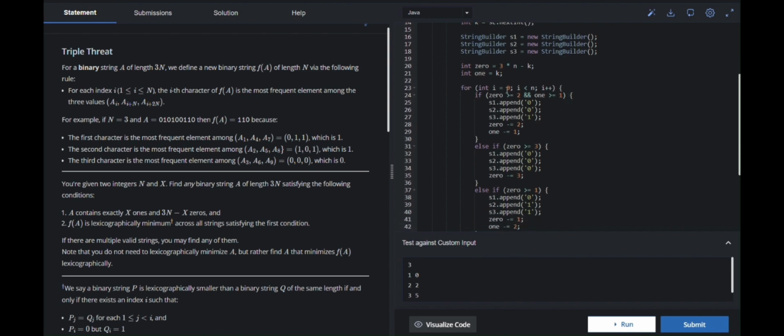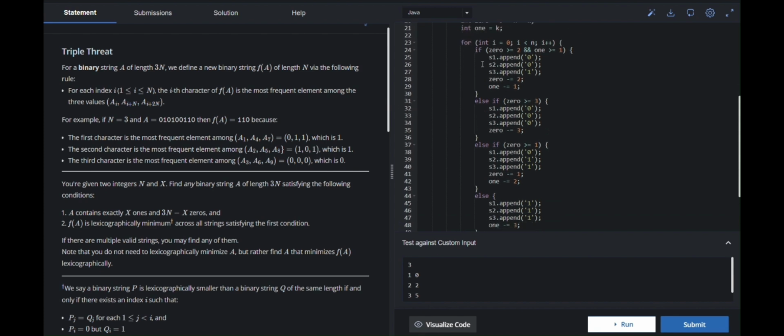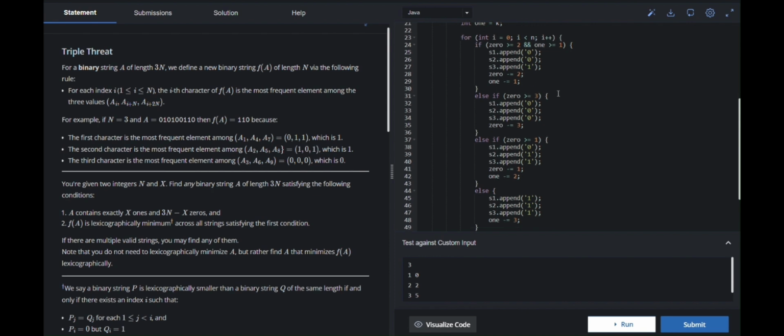Now we will iterate from i equal to 0 to n minus 1 and put these cases as discussed in the flowchart. If the number of zeros is greater than or equal to 2 and simultaneously the number of ones is greater than or equal to 1, then we will append s1 with 0, s2 with 0, and s3 with 1, and we will decrement the number of zeros and ones.